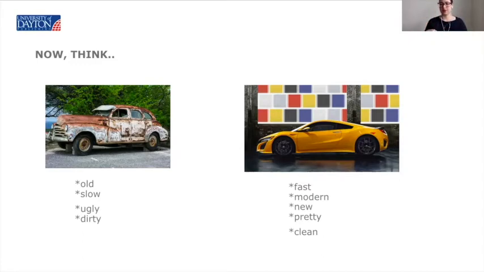For the yellow car, we got fast, modern, new, pretty, and clean. Okay, so now I'm going to ask you to think how we can compare each other using those words. If the words change, if the words stay the same, okay? And that's what we're gonna see on the next slide.